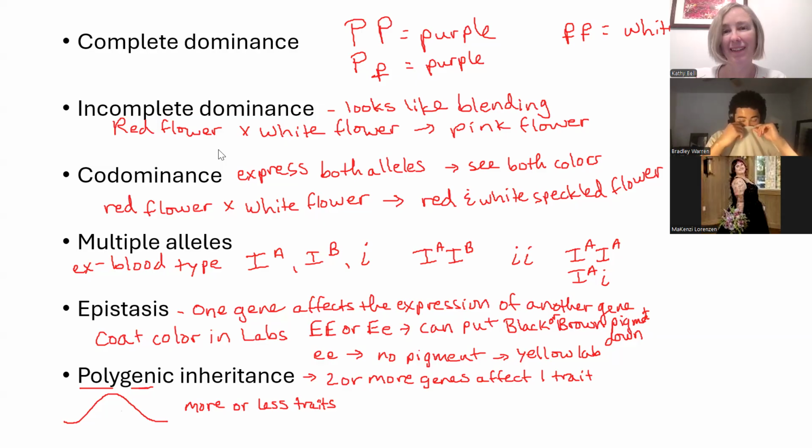And then I do want to do an example of a Punnett square with blood type, just to make sure that everybody's okay with that one.